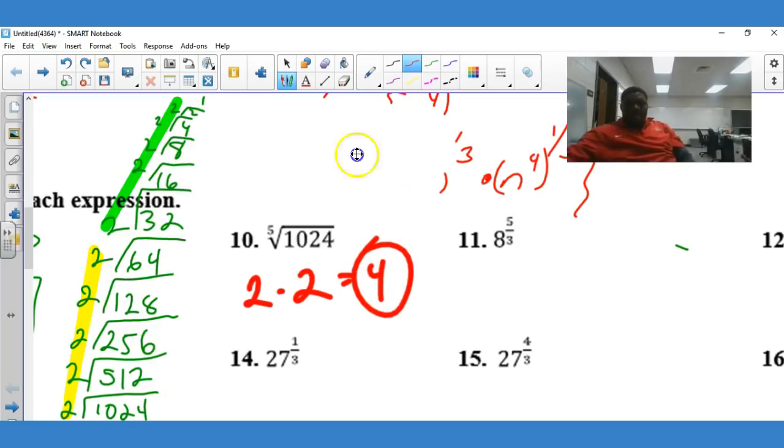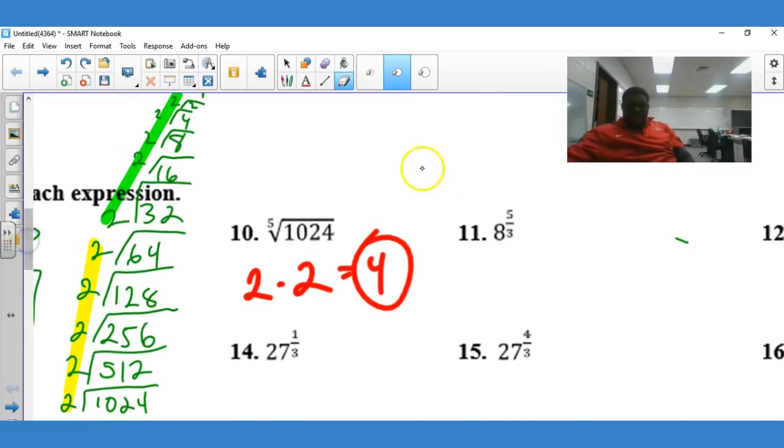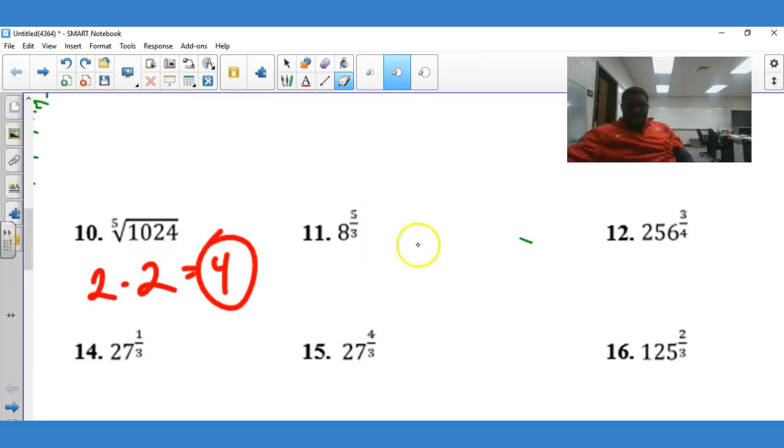I'm just showing you a way to do it by hand. Again, this one right here, you would evaluate, because it says evaluate. So if I evaluate this, there are a couple different ways to do it. I will rewrite it. Remember, that 3 is your index.